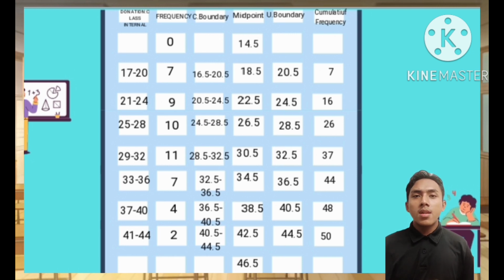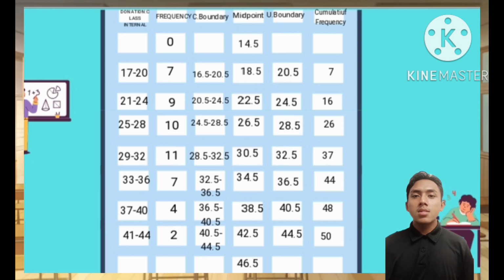Next, the way to find the class boundary. The left way first: take the left number of the class interval, which is 17, and subtract 0.5, equal to 16.5.